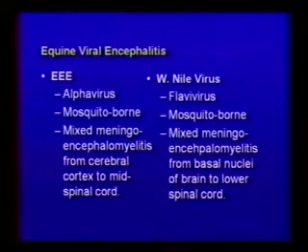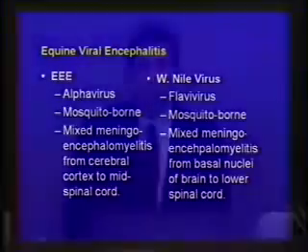Eastern equine encephalitis, or triple E, is caused by an alphavirus. In contrast, West Nile virus is known to be caused by a flavivirus. Both of these viruses are mosquito-borne, and the reason that this is important is because they tend to occur during mosquito outbreaks, such as this time of year and slightly earlier. That would be the late summer and the fall.